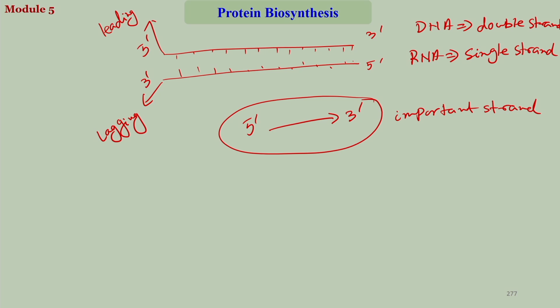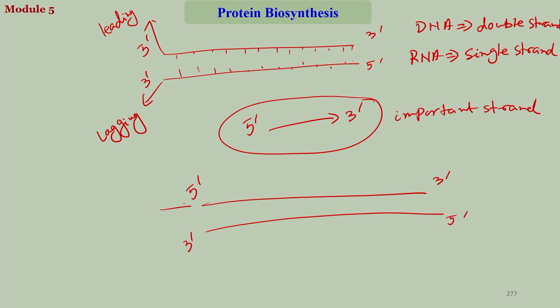So, all the genetic information that we talk about is actually because of the sequence of this 5 prime to 3 prime strand. And now onwards, people have given it a different name, instead of leading strand and lagging strand: this is now called the sense strand and this is now called the antisense strand.